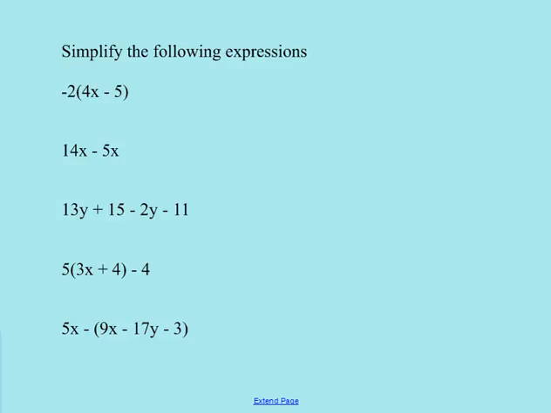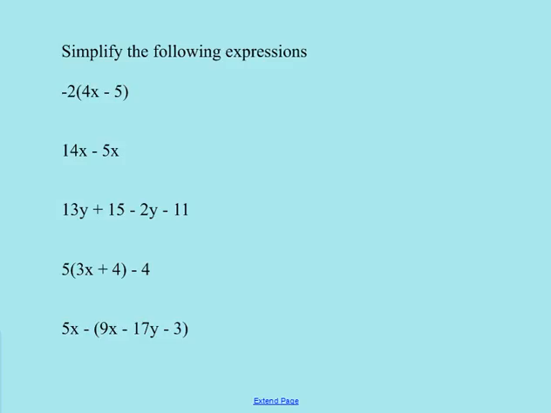And 13 is the coefficient of that term, negative 2 is the coefficient of that term, and 15 is a constant, and negative 11 is a constant. So again, we're trying to help you just understand the vocabulary terms from the previous slide. And I think the other two we can cover as we go through and we simplify.